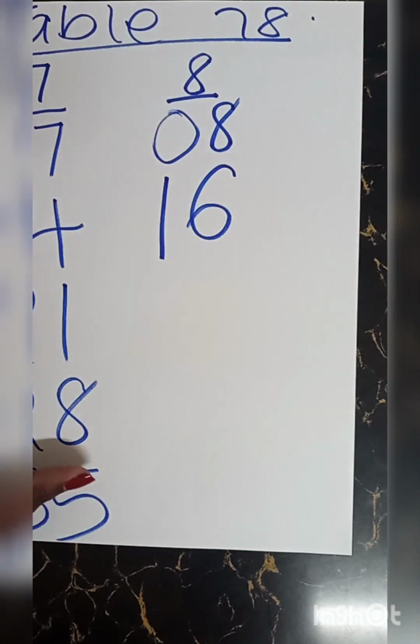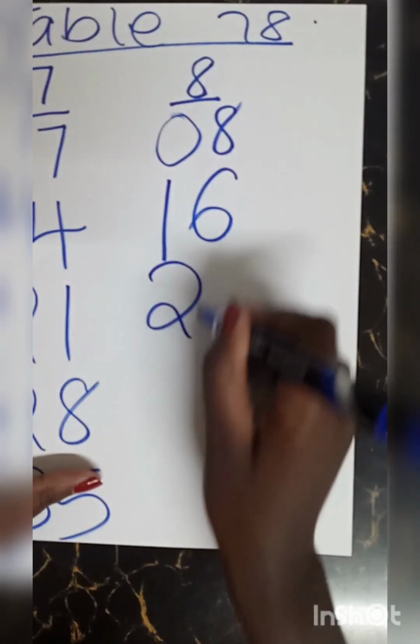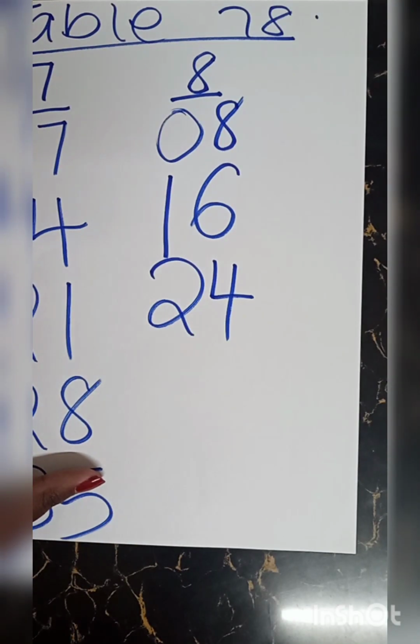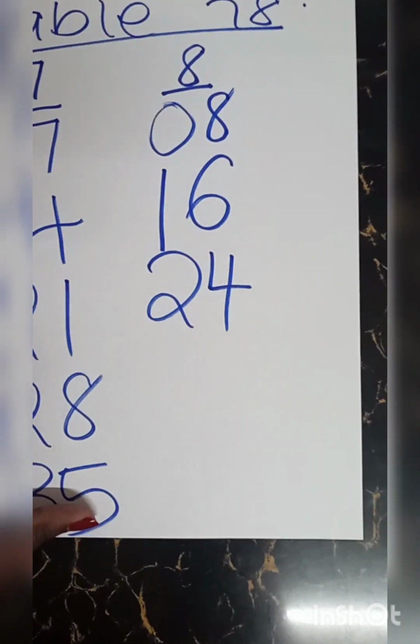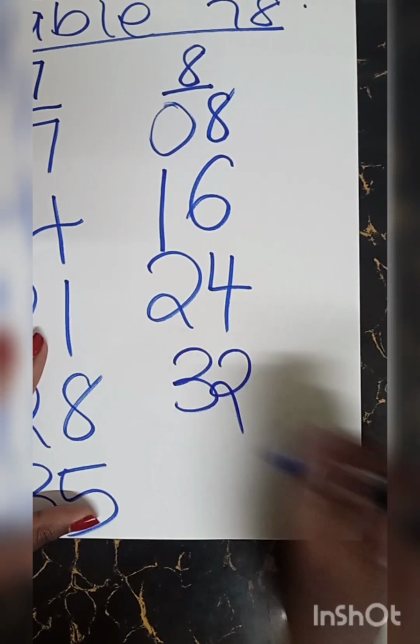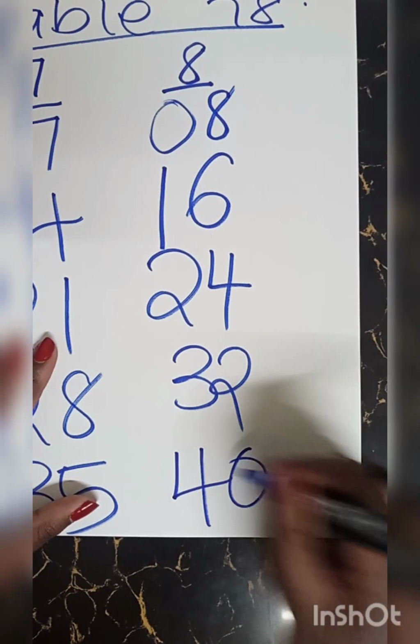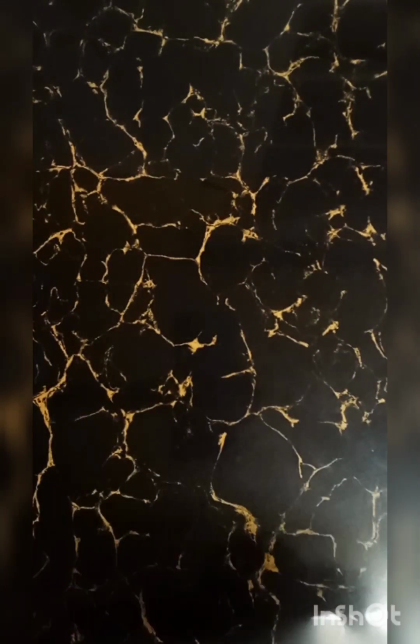8 times 3 is 24. 8 times 4 is 32. 8 times 5 is 40. Okay? Moving on swiftly. Sorry.